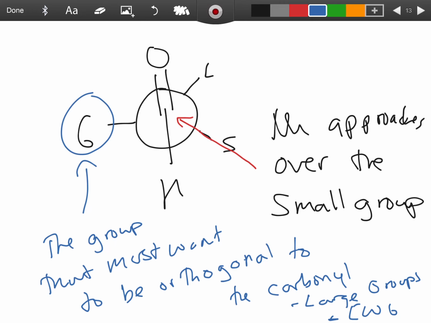But you can also turn it so now your methyl group is perpendicular and you still go over the hydrogen, but you come from the other side. So what determines your alcohol stereochemistry is basically how big the difference is between your large group, your G group, and the next largest group. If they're close, you get a close mixture. If they're far apart, you get a really big difference.